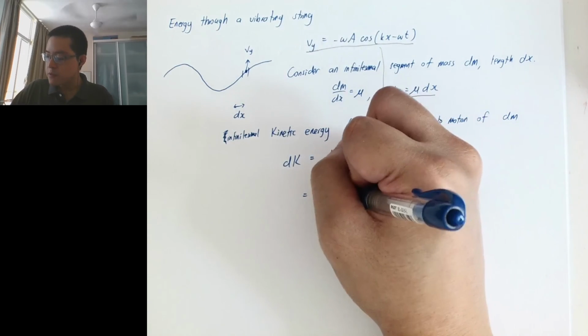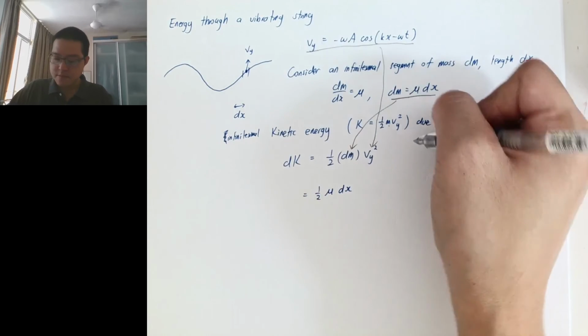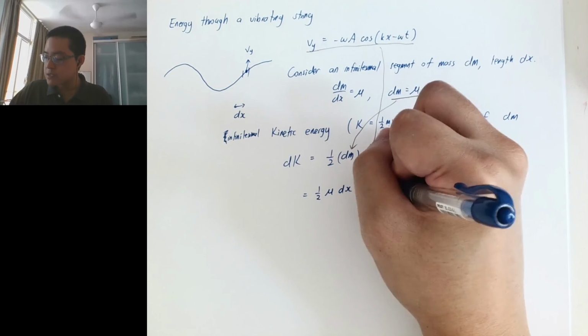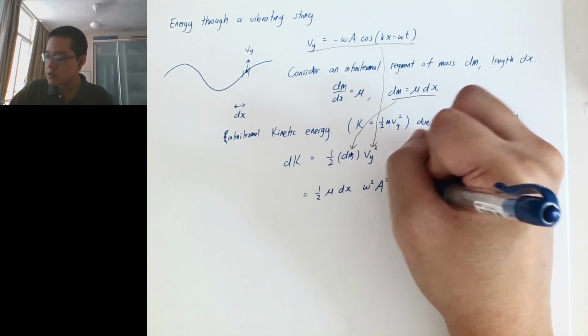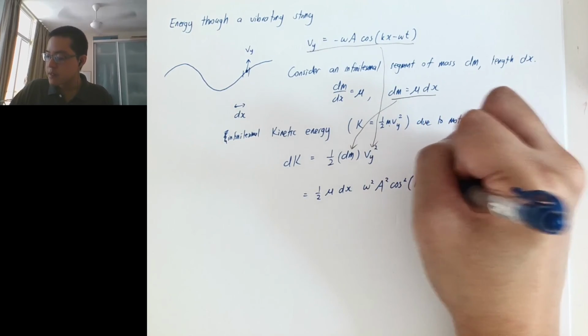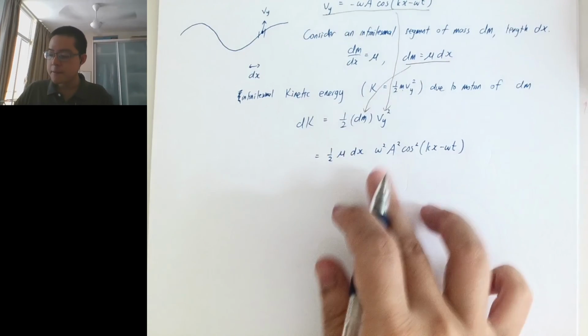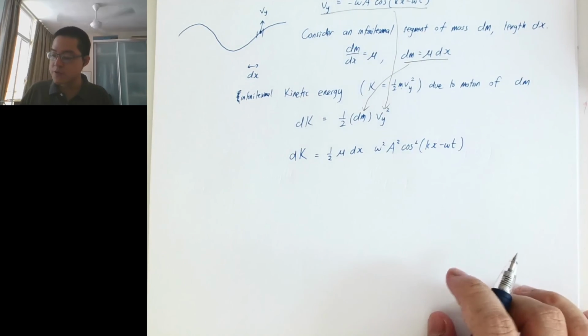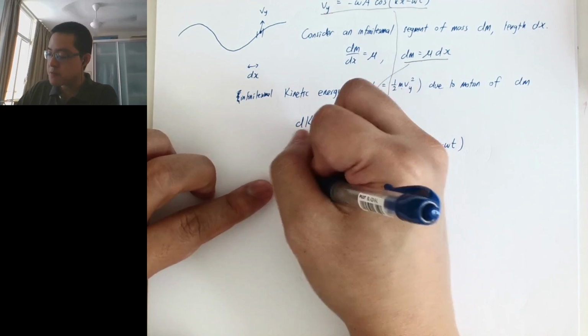So I got mu dx, and then vy squared is the square of this, so I got omega squared, amplitude squared, cos squared (kx minus omega t), right? So this is dK, and what I want to do is calculate dK/dt.